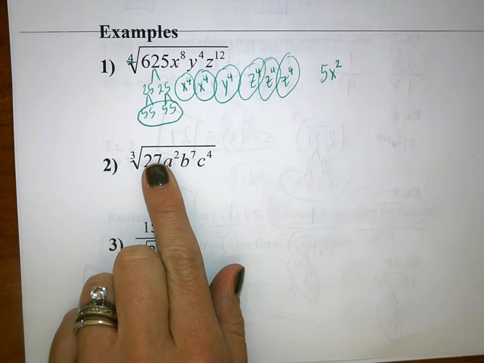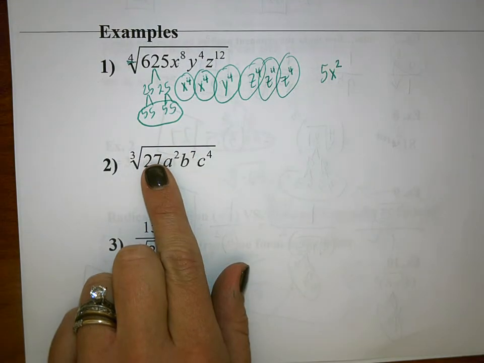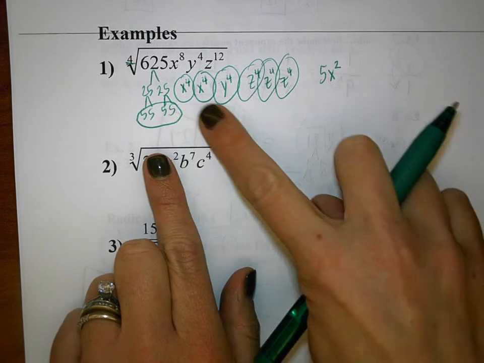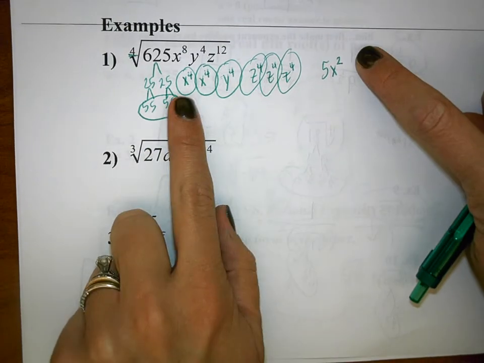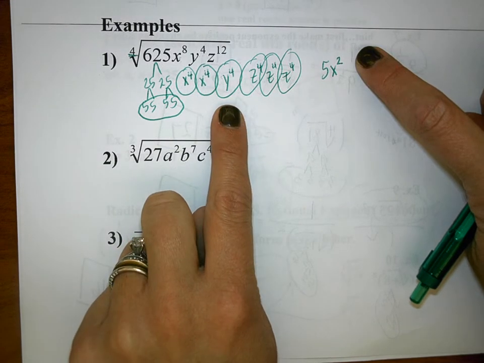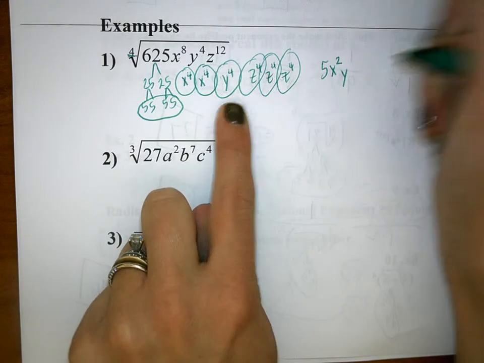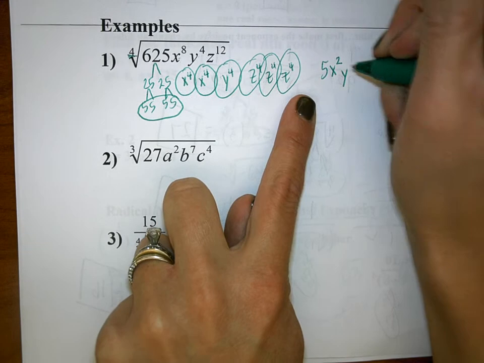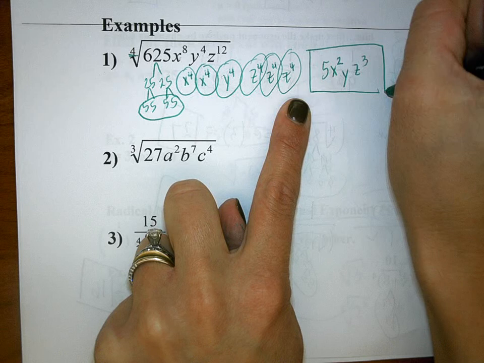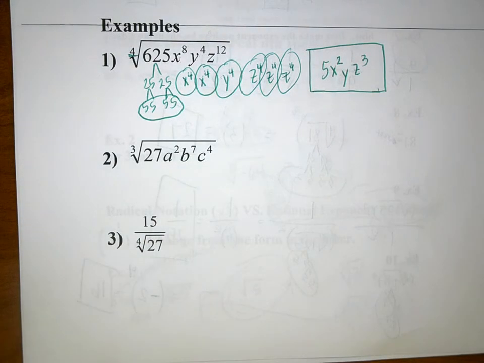Which just becomes a 5 when we bring it out. Each group just becomes 1. Okay? So since I have 2 groups, that's just going to be x squared, because this becomes an x and this becomes an x. This will just be y, and then it'll be z to the 3rd, because there are 3 groups, and that's my answer. Okay?